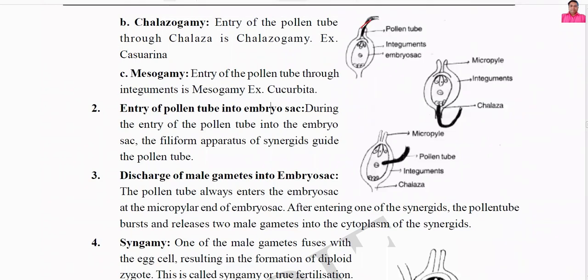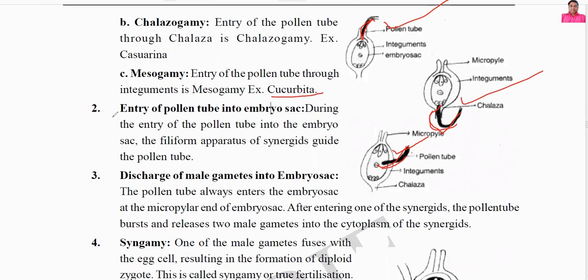The pollen tube entering through the micropylar region indicates porogamy, example hibiscus. Entering towards the chalazal region is chalazogamy, example casuarina. Entering through the ovule's integuments is mesogamy, example cucurbita. So this is the first step.